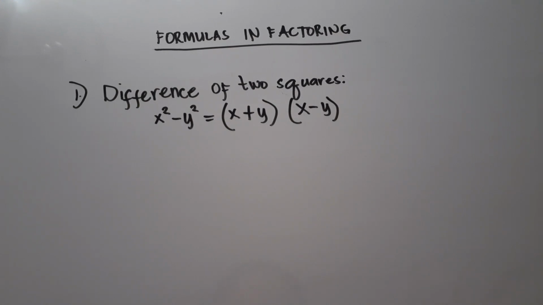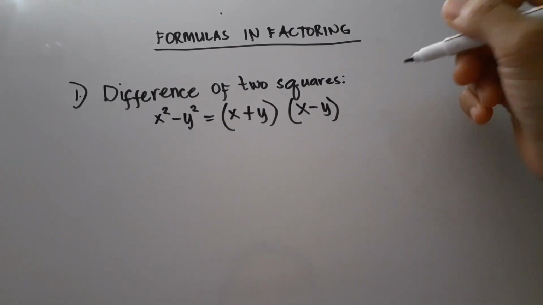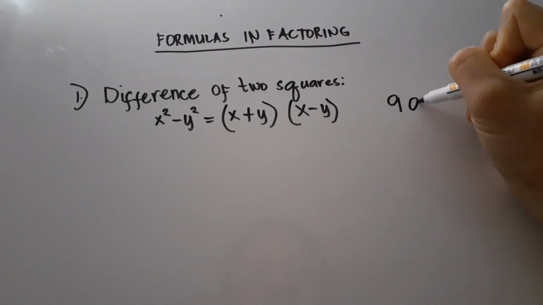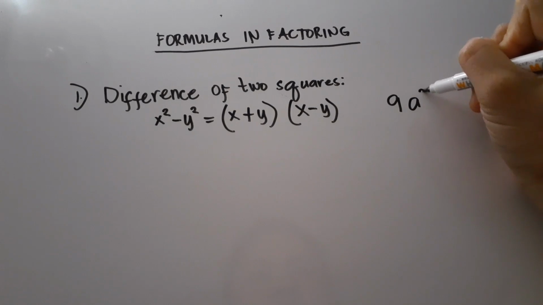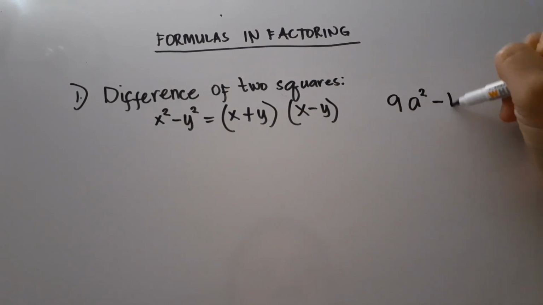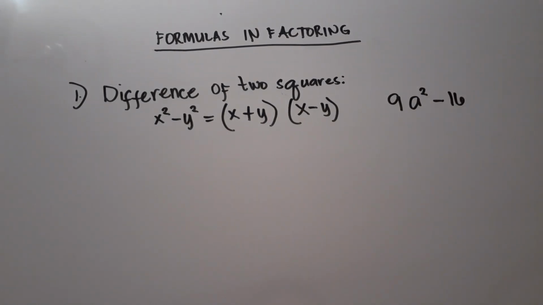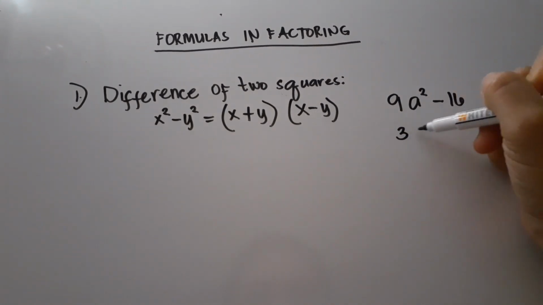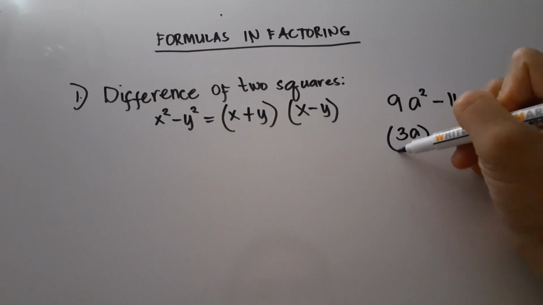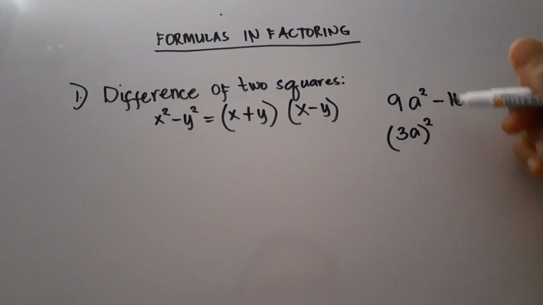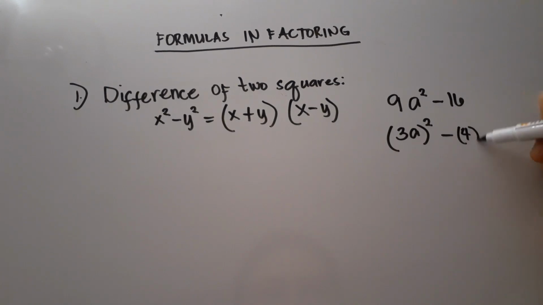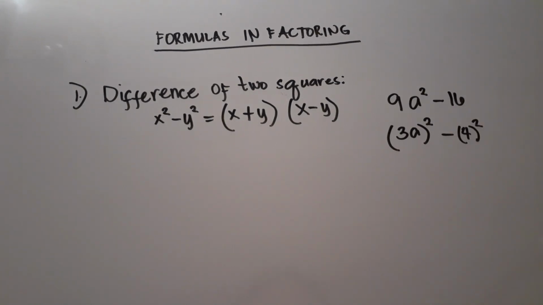In factoring, we have x squared minus y squared is equal to x plus y times x minus y. Remember that in each binomial the signs are different, so we can factor first 9a squared, which is 3a squared, and negative 16 becomes negative 4 squared.